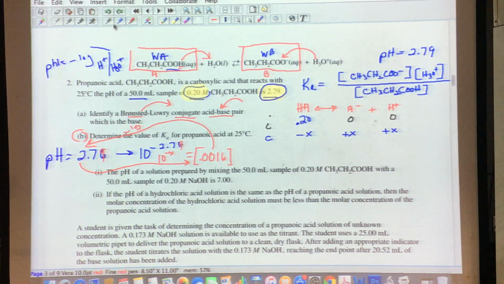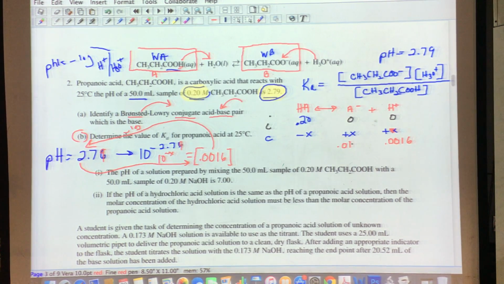Always. So this is going to be plus 0.0016. And this, of course, is also minus 0.0016. But what do we know? This number is so small, we can do what? So at the end, we have 0.2 minus 0.0016, right?